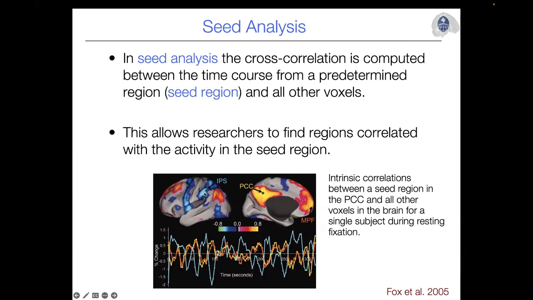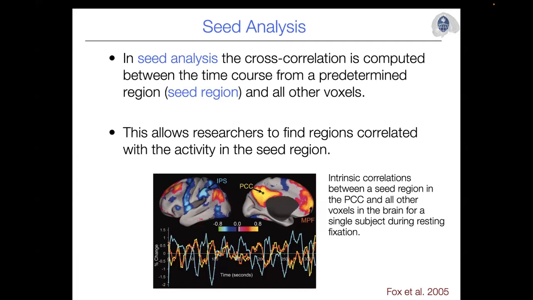But in other parts of the brain, the blue regions, were what they would call anti-correlated or negatively correlated with it almost perfectly, right? This has come to be named the default mode network, and this is very consistent across subjects.